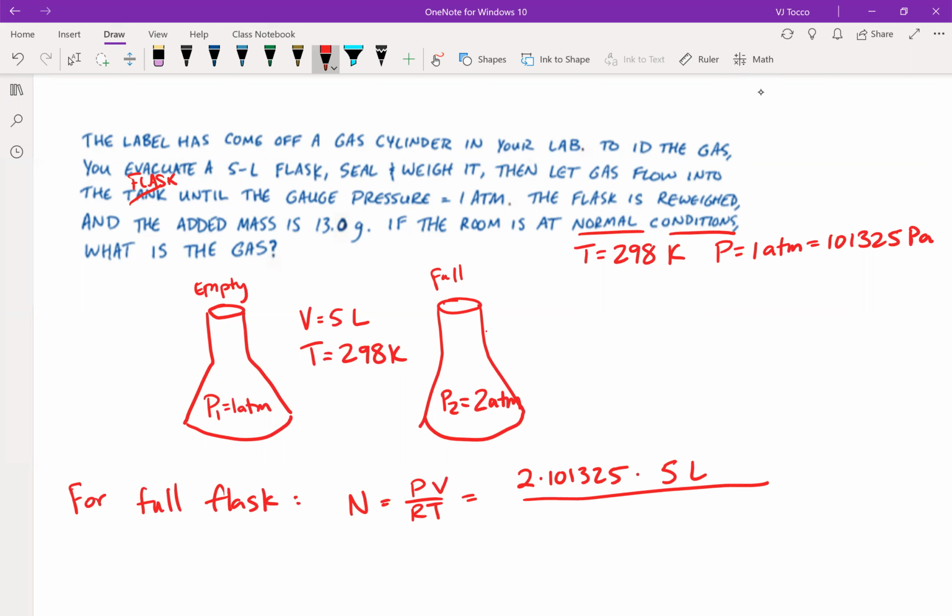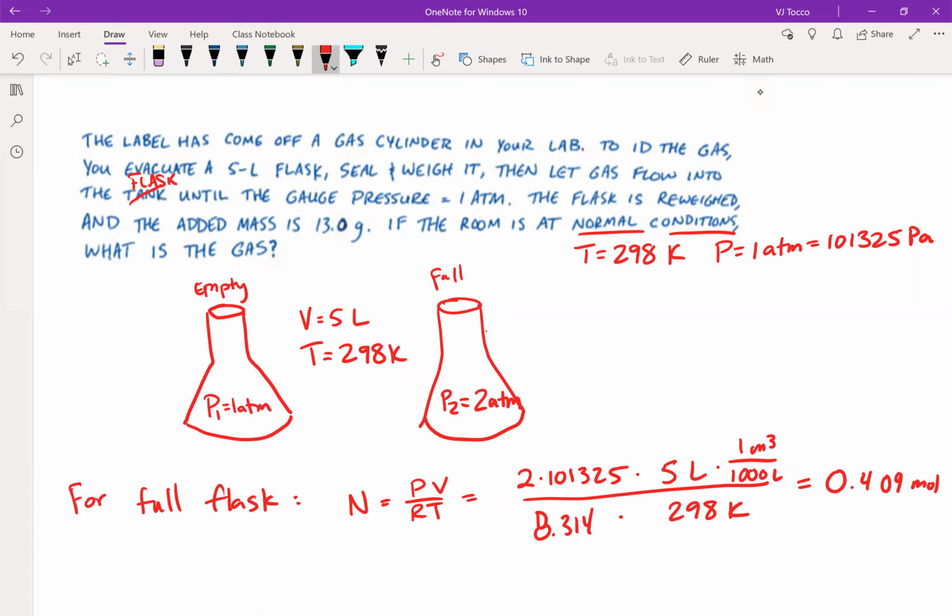And if I want this in SI units, I'm going to convert to meters cubed, times 1 meter cubed per 1,000 liters, over R, 8.314, times T, 298 K. Okay, so I can solve for the number of moles here. And this calculation gets me about 0.409 moles. So this is the amount of moles that I've added to the flask.